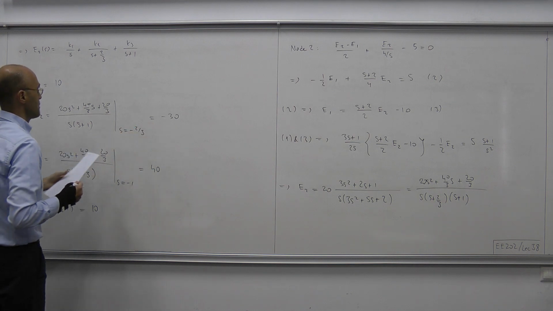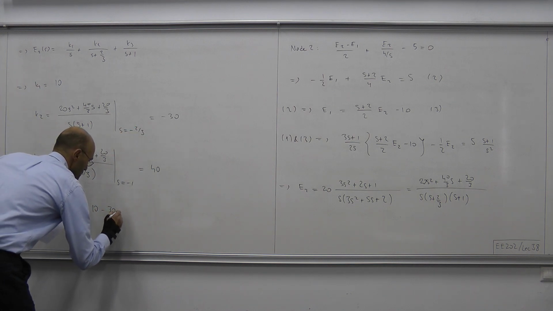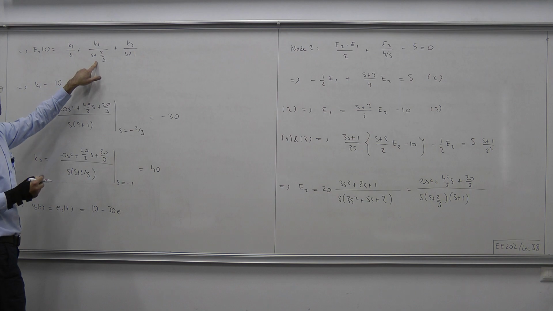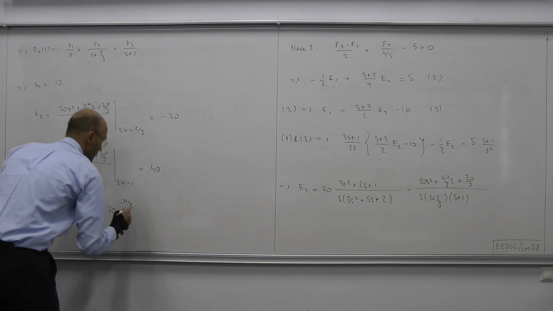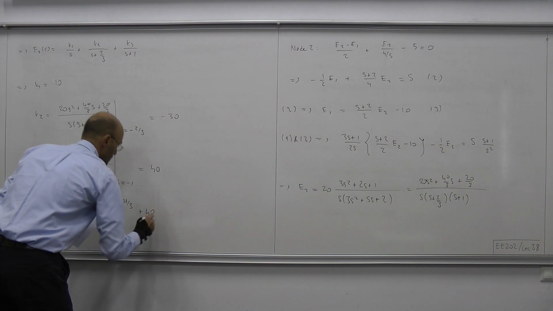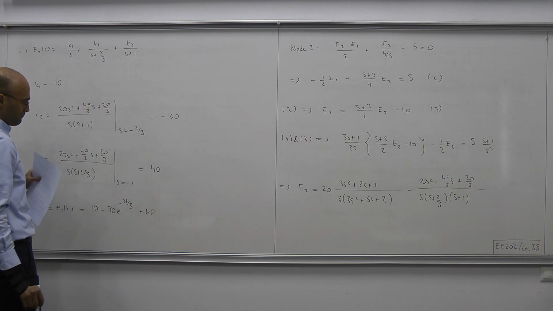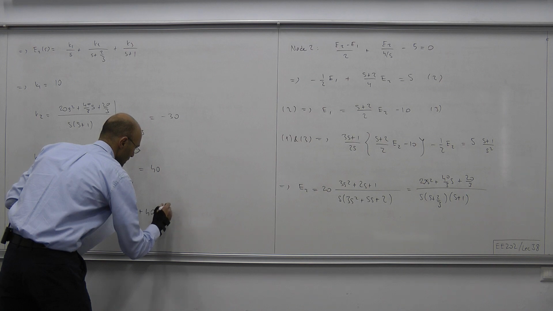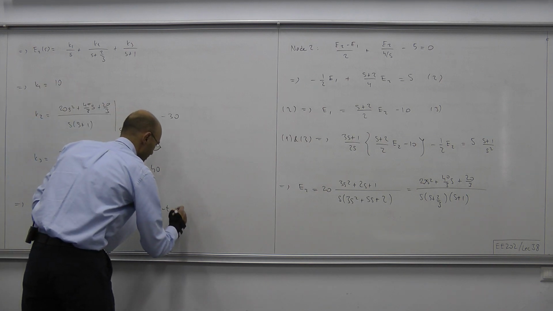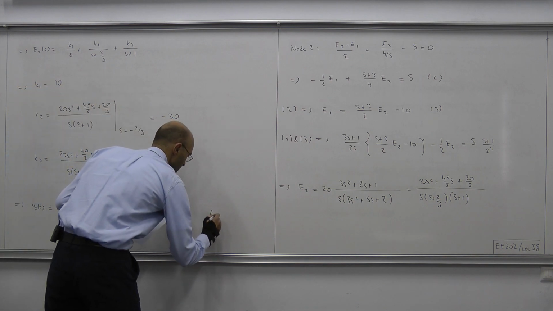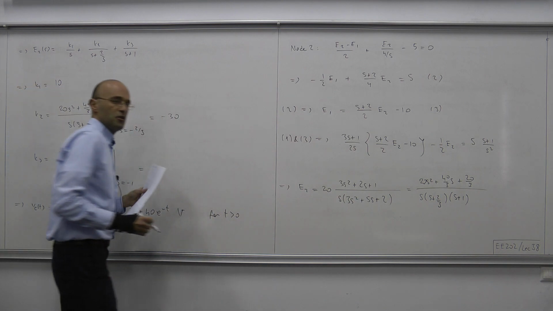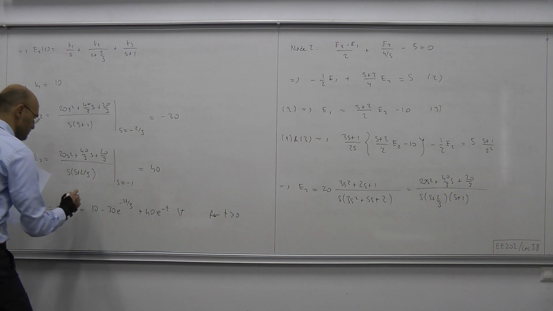And then we have minus 30 times e to the minus 2t over 3. And finally, we have plus 40 times e to the minus t volts, for after the switch changes position.